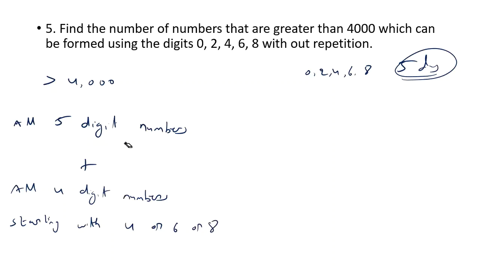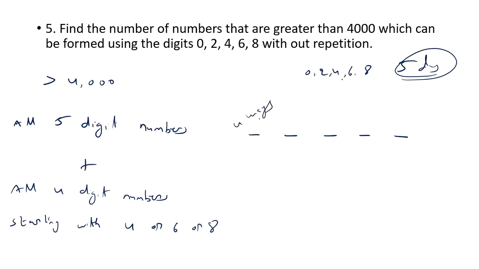So how many 5-digit numbers can I form using the digits 0, 2, 4, 6 and 8? 5-digit numbers means I have 5 places, 1, 2, 3, 4, 5. Here 0 is there, so I cannot fill the first blank with 0. So I can fill the first blank in 4 ways. After filling the first blank in 4 ways, we have 4 more blanks and 4 more objects.